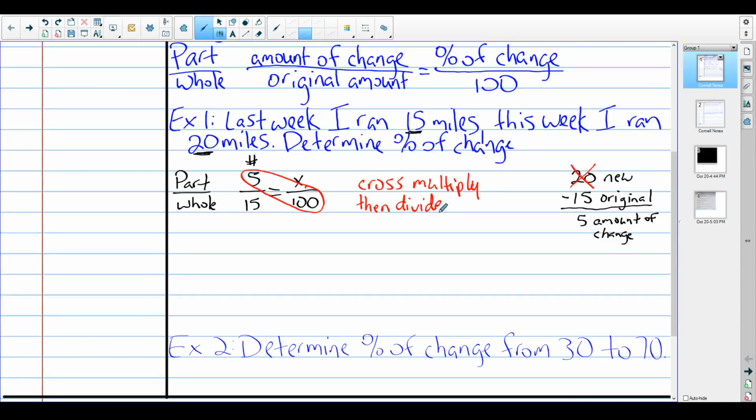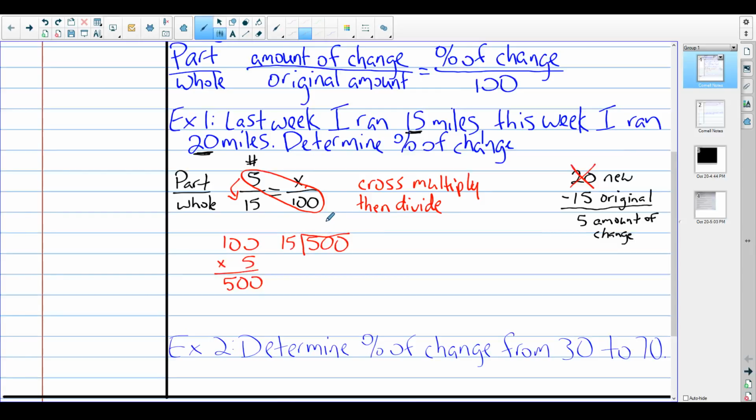Same as always. So we have 100 times 5 is 500 divided by the number we did not multiply. So this is going to be 500 divided by 15.